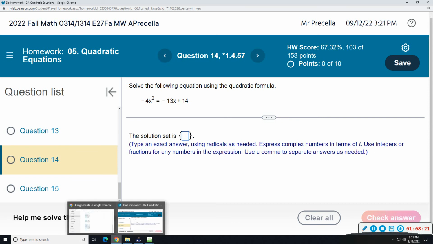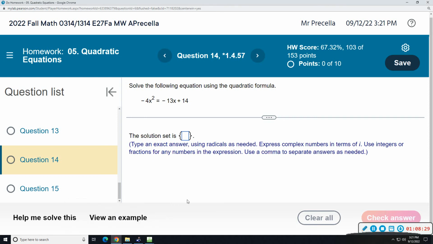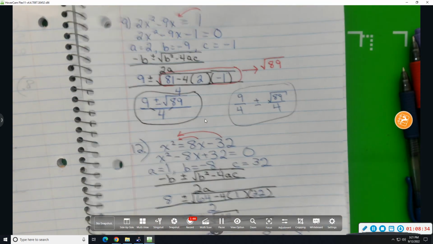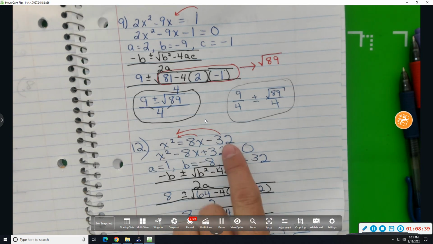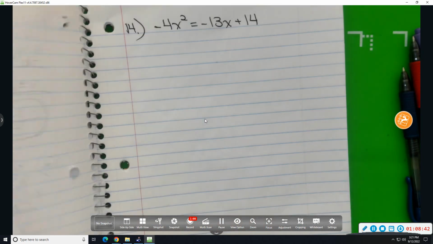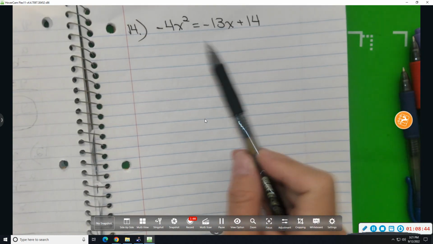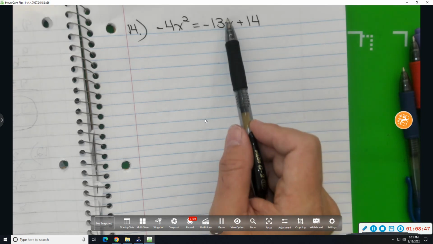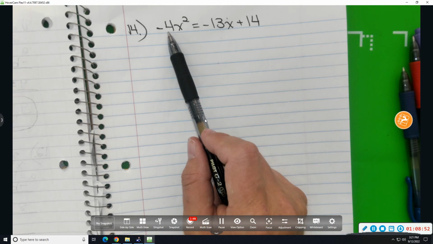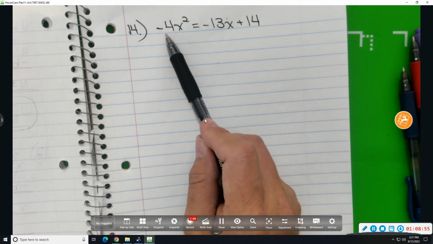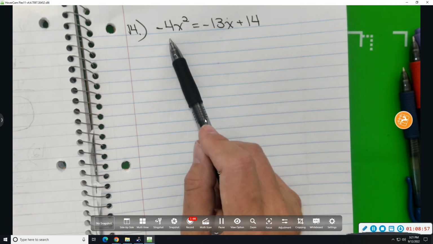But this whole problem sort of reminds me of number 12, in that the x squared is over here on the left, and here we moved everything over to the left to get a 0 on the right. But over here, I'm not going to get a 0 on the right side, because if I move these terms over, I'm going to be stuck with what in front of that x squared? Negative. So if the a value is negative, I'm going to get the 0 on the left side.